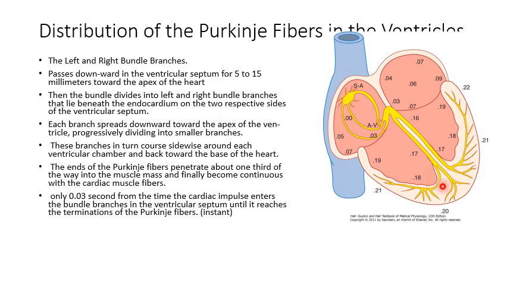After they reach the apex, they branch into smaller branches, and then the smaller Purkinje fibers can penetrate 1/3 of the way into the muscle mass, and then they become continuous with the cardiac muscle fibers. Then the cardiac muscle fibers will continue the transmission of the signal.